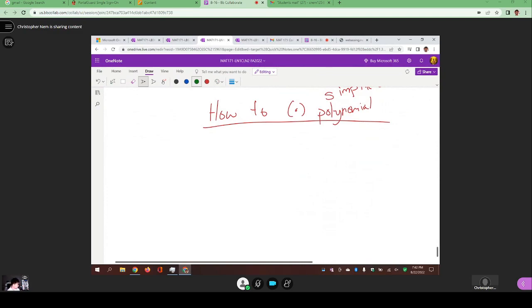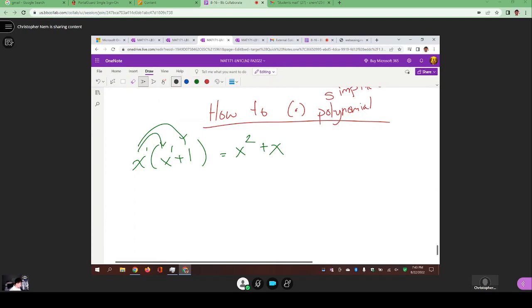So, for instance, we have x times x plus 1. Well, in this case, we have a nice little property that we talked about: distributing. If we distribute it out, x times x, they both have a power of 1, and 1 plus 1 is 2, so x squared. X times 1 is itself, so we're going to have plus x. So we can distribute. However, sometimes you're not going to have a monomial.